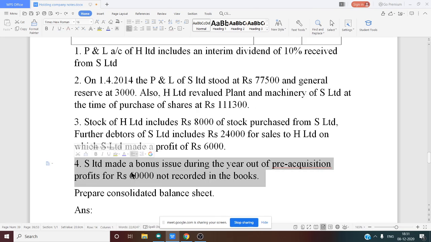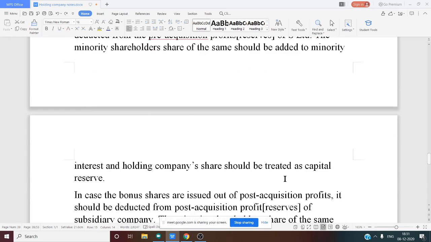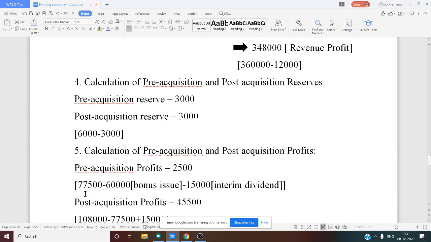See this. Yes, made a bonus issue during the year out of pre-acquisition profit. So out of this 77,500, 60,000 goes. So you have to deduct this 60,000 from 77,500. So what is the remaining amount? See this now. Remaining amount 77,500 minus 60,000 is 17,500.